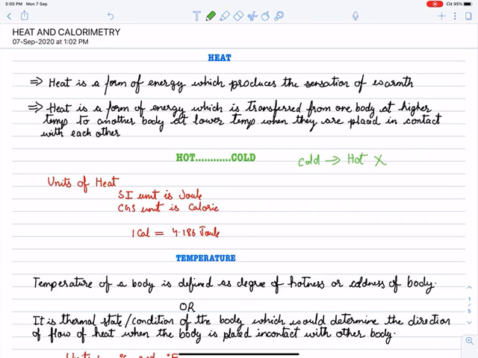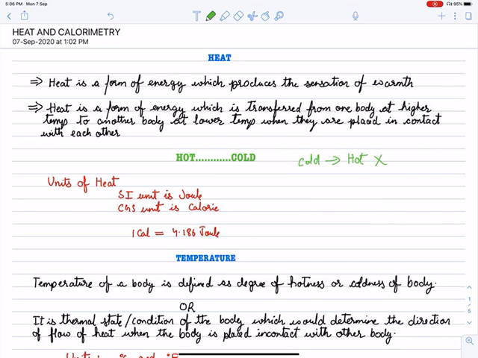In exams, you may have to change the unit, like if it is given in calorie, then you have to change it to joule. It matters a lot that all the units should be the same. It can't be that you have measured heat in joule and you are measuring temperature in Fahrenheit. You have to measure temperature in Kelvin or degree Celsius, or convert it as asked in the question.